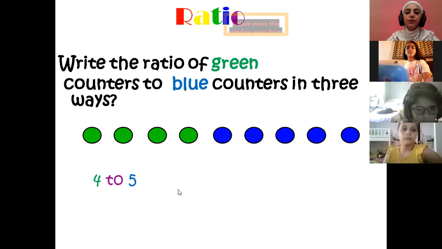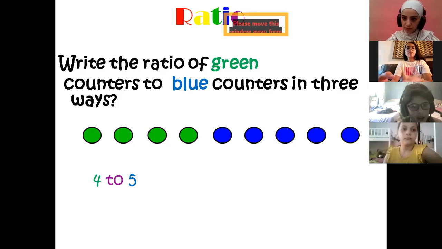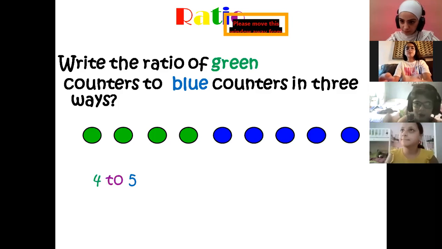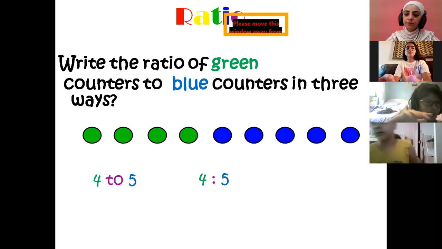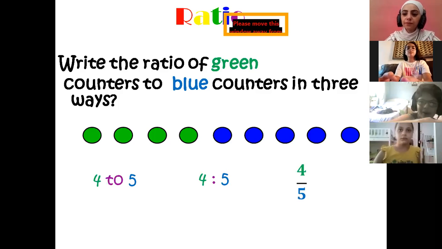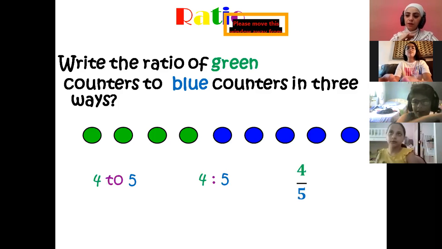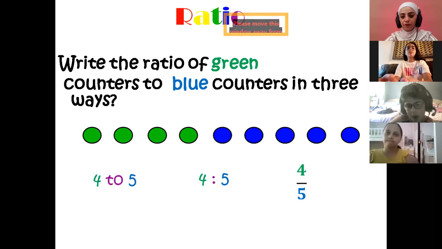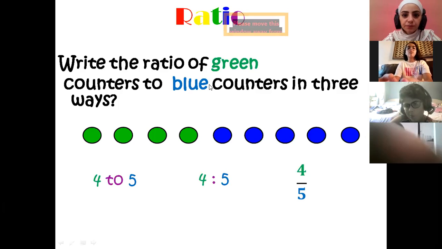Excellent. Green to blue is 4 to 5. You can write it with letters, you can write it with 2 dots, columns, like this. And you can write it like 4 over 5, but we don't read it 4/5. We read it 4 to 5. Yes, perfect, Muhammad. Excellent.